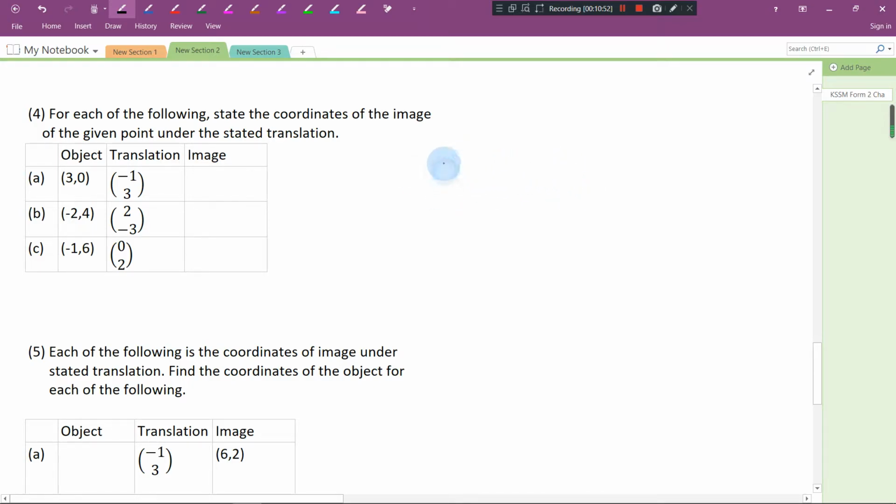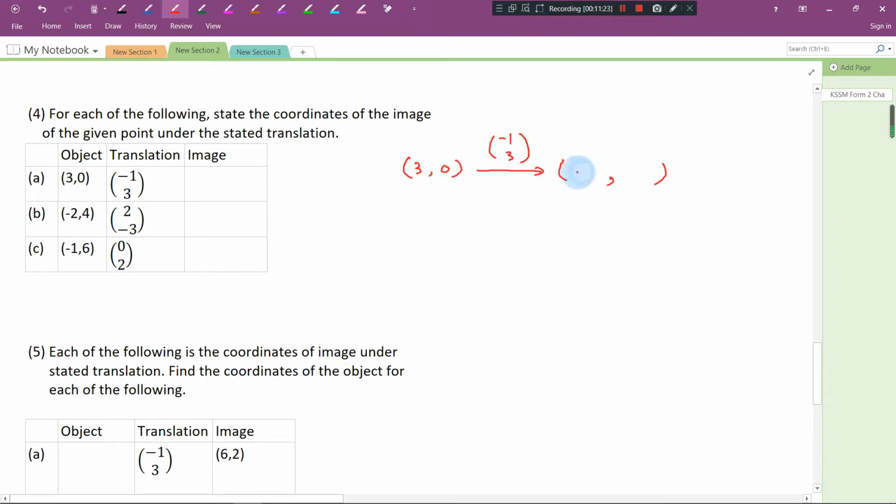If you want to draw a Cartesian plane, then plot the point, then calculate, you also can, but it takes a longer time. So another easier way to get the image of a translation is this way. I would suggest you do it this way, it will be easier. 3, 0 and draw a line, and this is the translation, which is -1, 3. Now this is the object, this is the image. Now I'll put a comma here.